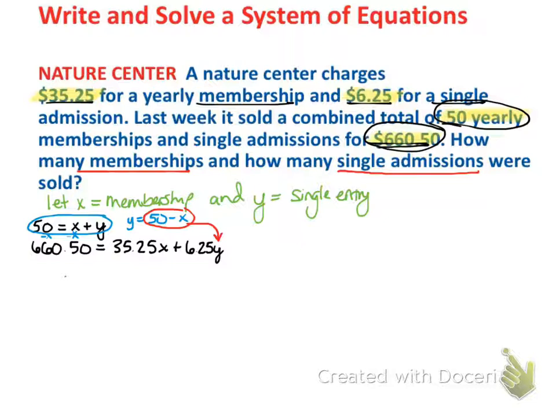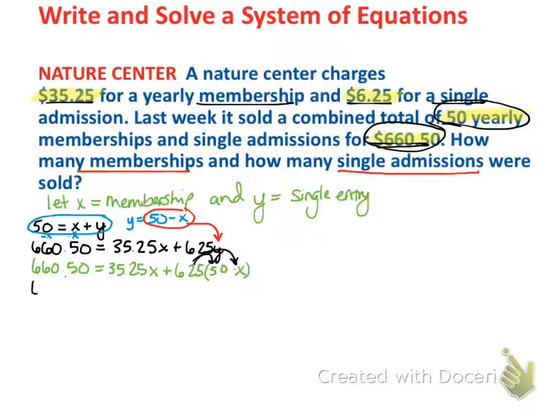We've got 660.50 equals 35.25x plus 6.25 times the quantity 50 minus x. So you notice all the y's are gone. We're solving for x here. We've got some distributing to do right off the bat.